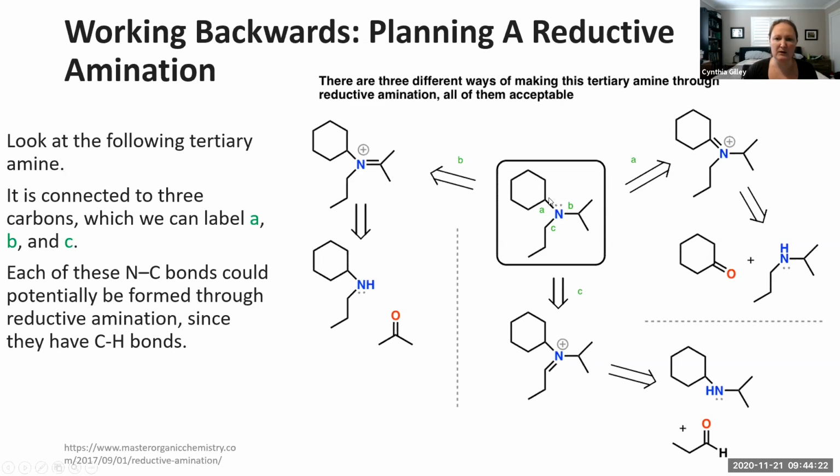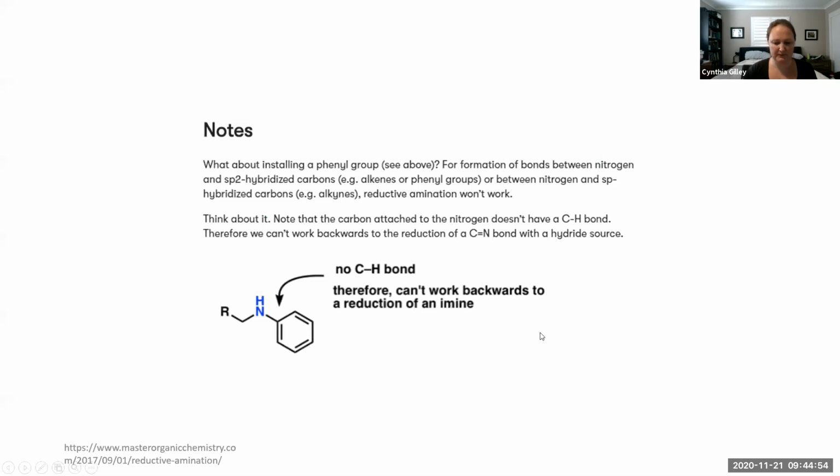So thinking backwards, this used to be a double bond, hence this iminium ion, and then that separates to a secondary amine and cyclohexanone. We can also make the bond between carbon B and nitrogen. Working backwards, we could put a double bond here, getting to the iminium ion, and then retrosynthetically, we break this carbon-nitrogen double bond into the secondary amine, and in this case, acetone.